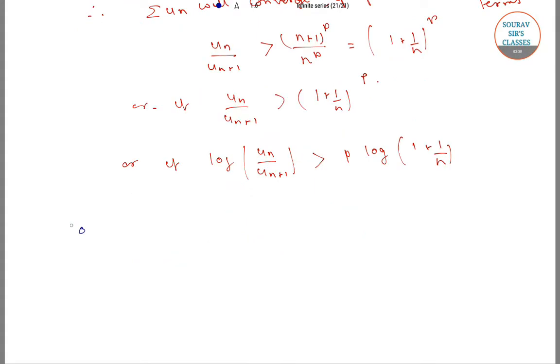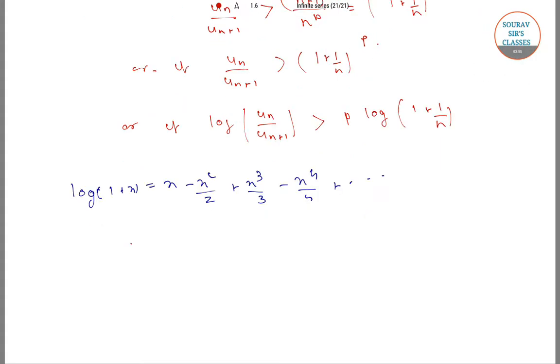Now log of 1 plus x is equal to x minus x squared by 2 plus x cubed by 3 minus x raised to the power 4 by 4 plus and so on. So un will converge if log un by un plus 1 is greater than p into 1 by n minus 1 by 2n square plus 1 by 3n cube minus 1 by 4n raised to the power 4 and so on.